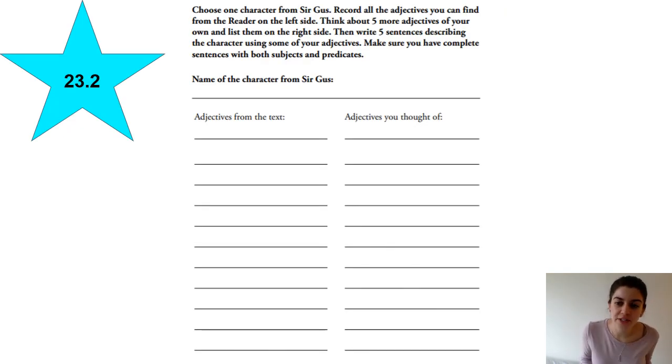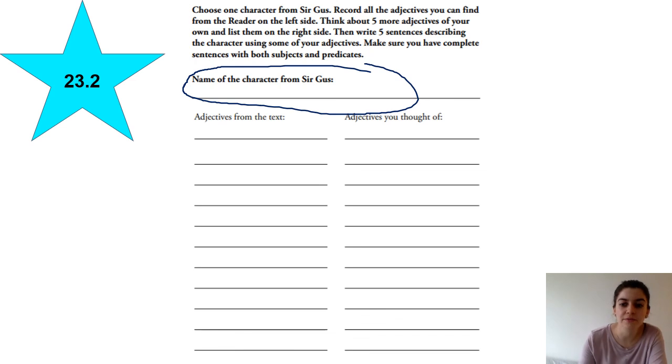If you go back to your phonics packet and you turn to the next page, you'll see page 23.2. Looks just like this. We're going to write some adjectives about King Alfred. So on this first line right here, go ahead and write down King Alfred. You can either use the slides from earlier in this video where I was reading the story to stop and look for adjectives, or I will put the link in the comments that will give you access to the story to look at online.